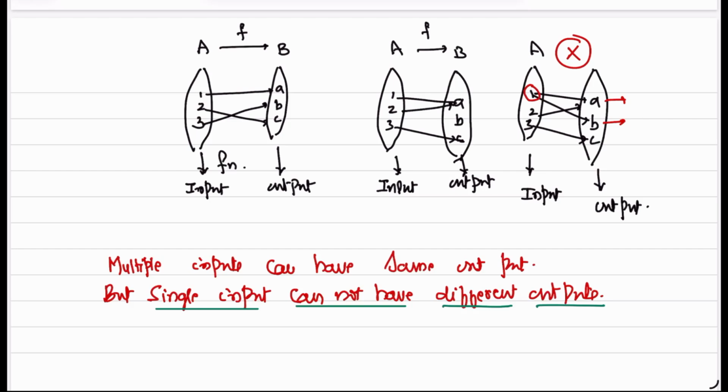When a relation is defined as A to B, this relation A to B is not a function. This particular relation is not a function, but it's a valid relation, but it's not a function.